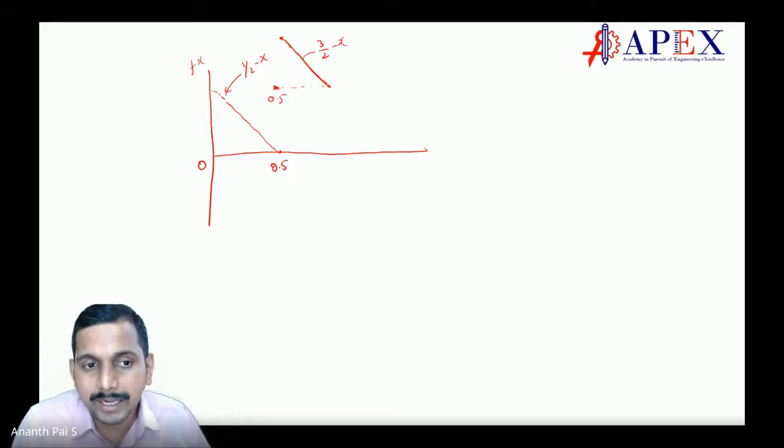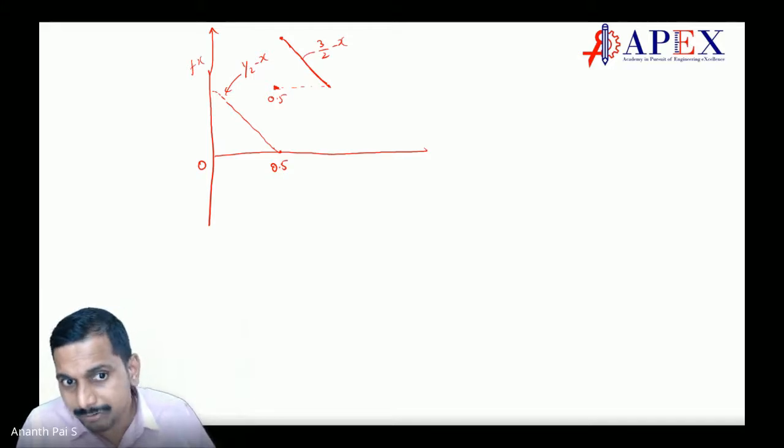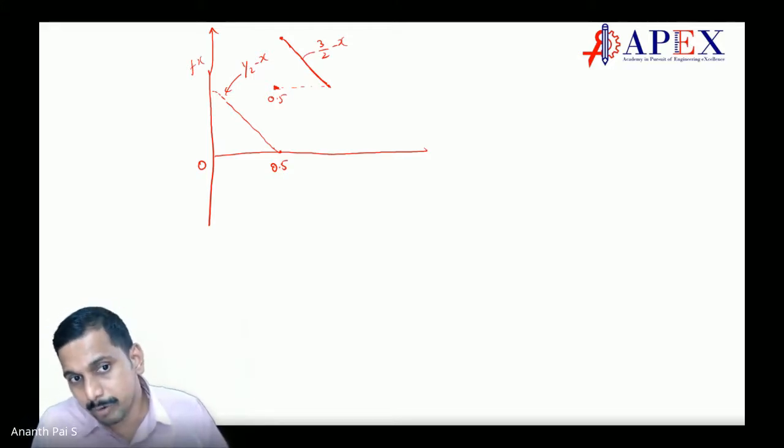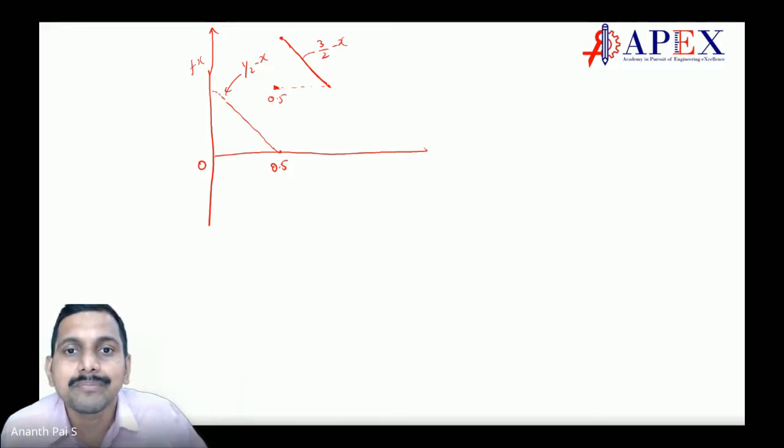Then if you go to 0.5 plus h, what is the value? It goes nearly 1. This is what I was explaining that time.